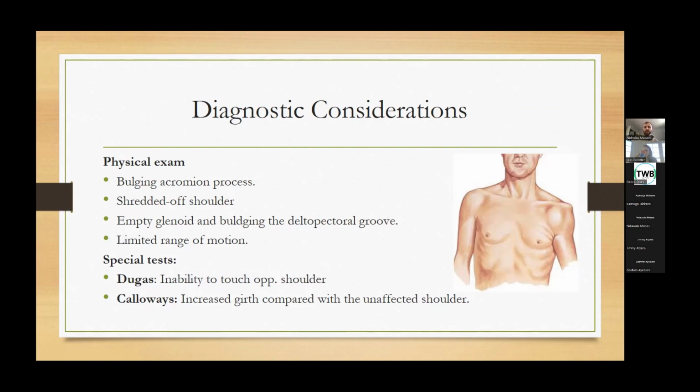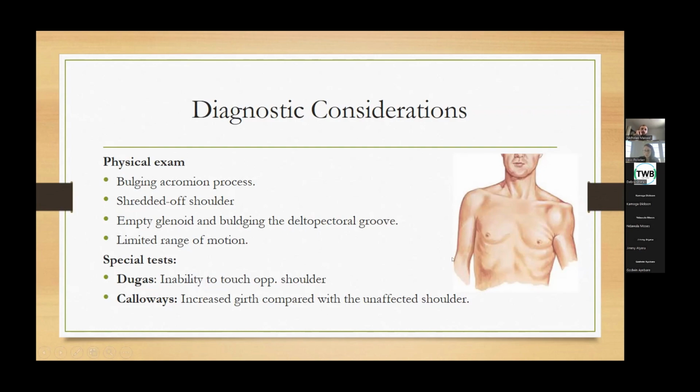There are some classical signs that we can list. They're not very diagnostic, but they could help you suspect that the patient has a shoulder dislocation. And they're quite obvious. One of them is the DAG sign, where if you ask a patient to touch the contralateral normal shoulder, they can't do it. It's obvious because the joint on this side is dislocated, so they cannot move the arm across their body to touch the opposite normal shoulder.